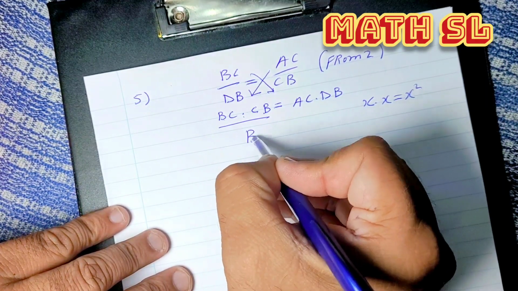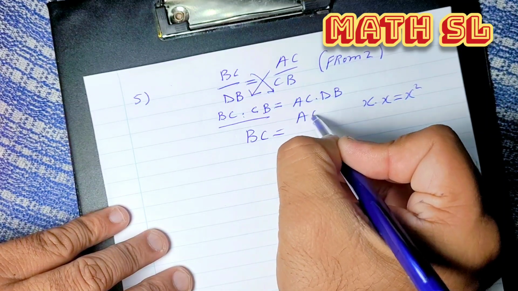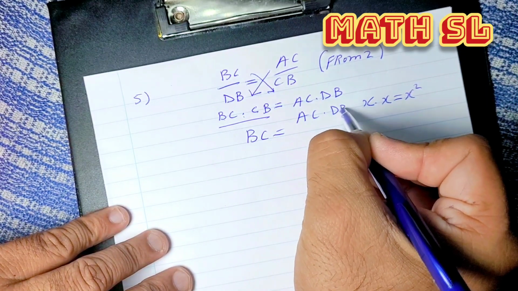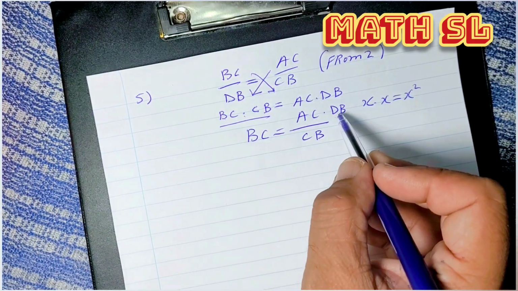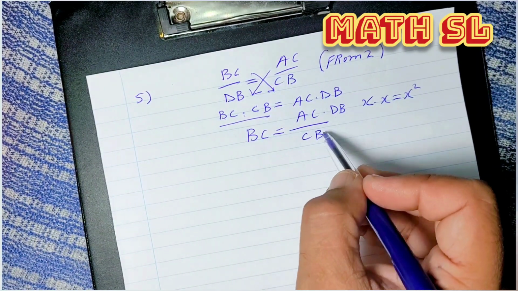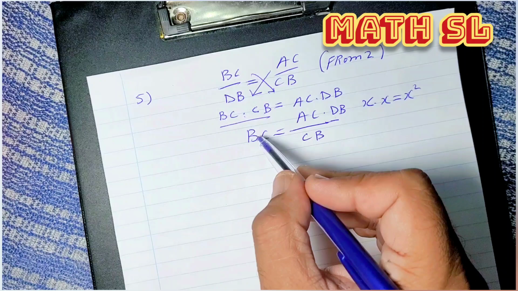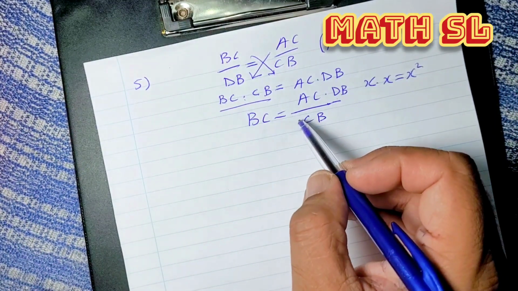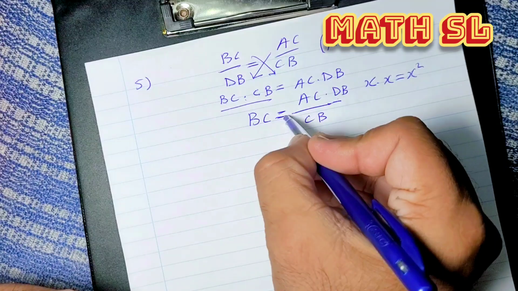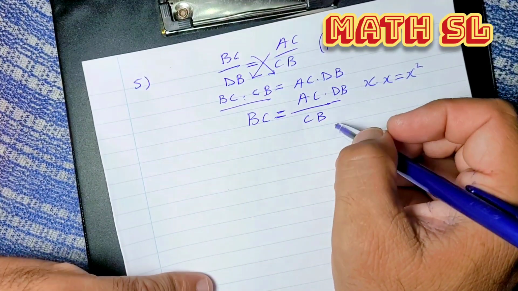So I isolate BC here. So BC is equal to AC times DB over CB.